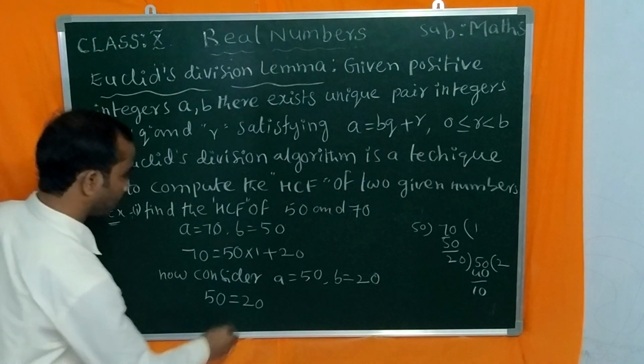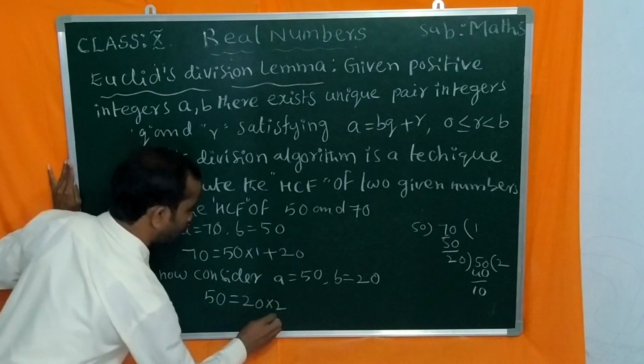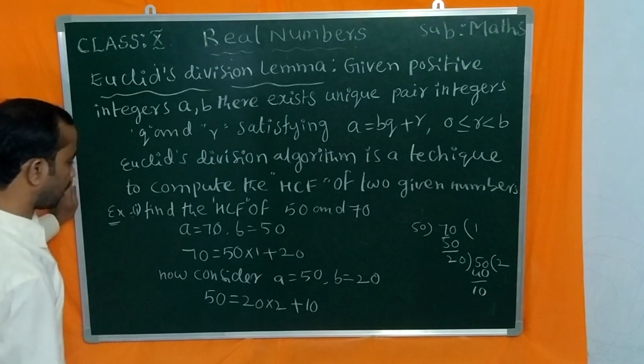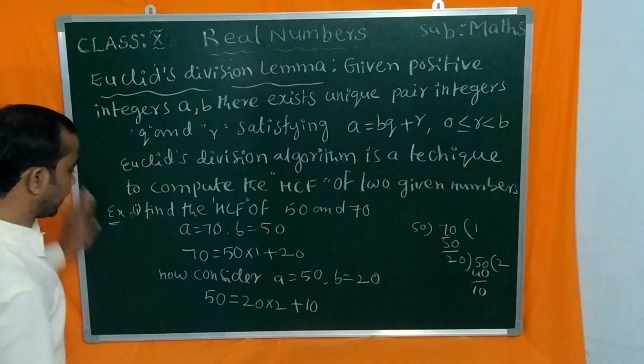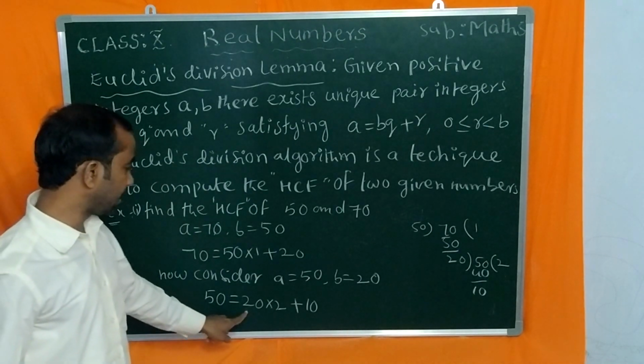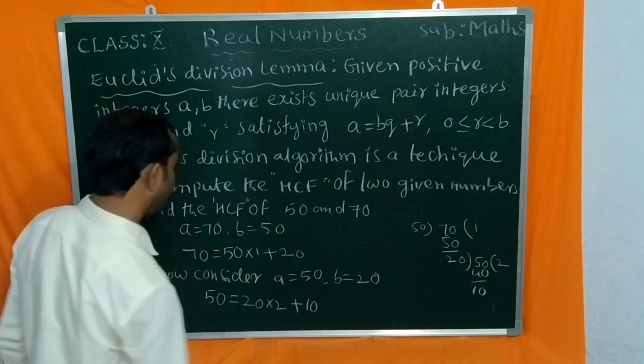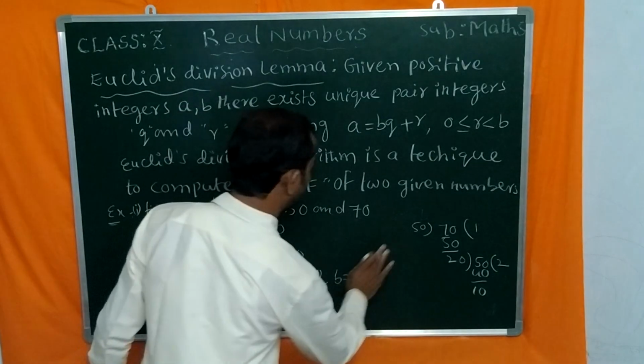Remainder 10. So 50 equals 20 into 2 plus 10. Now next, here a equals 20 and b equals 10.